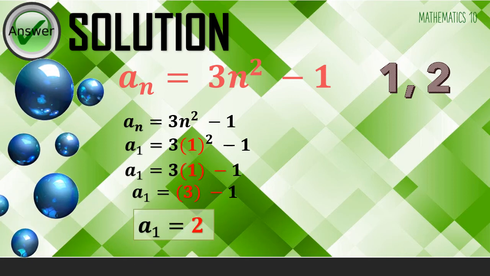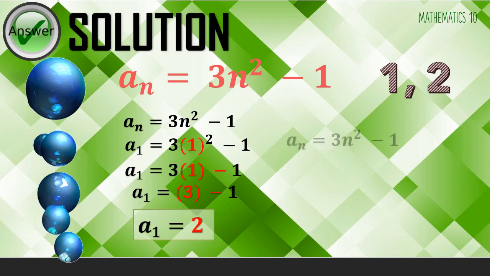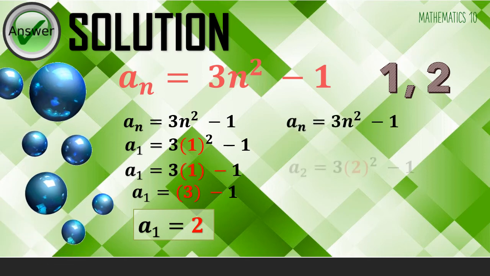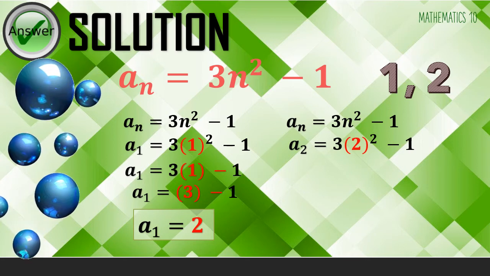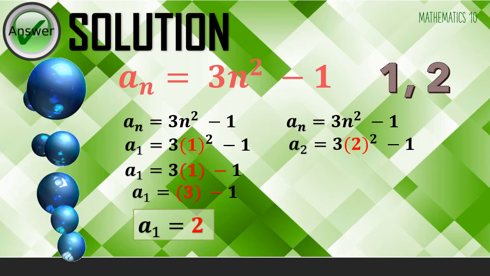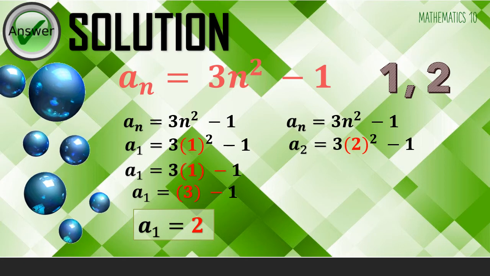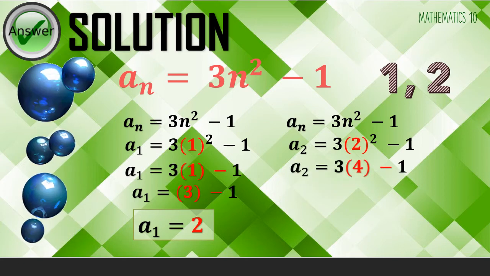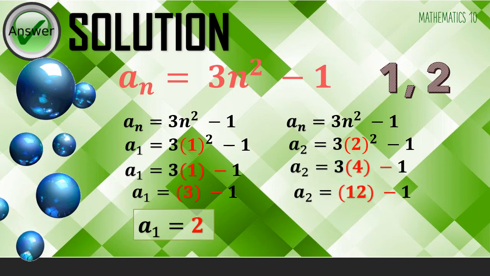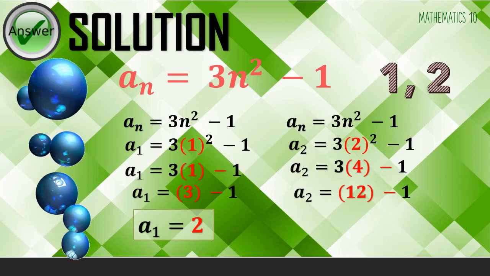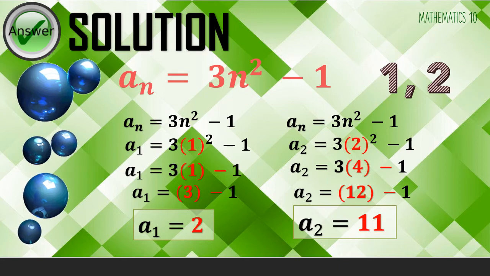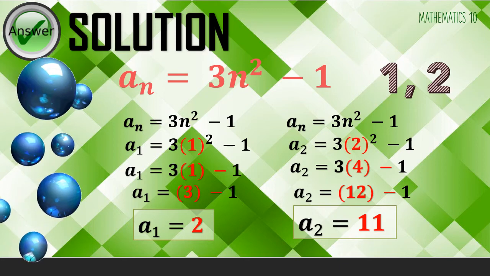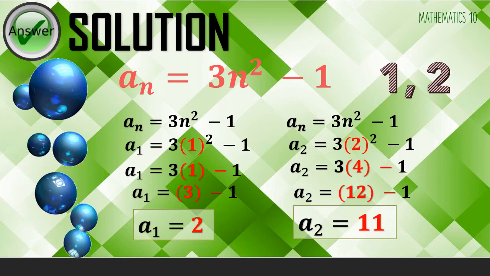So a sub 1 equals 2. And for n equals 2, substituting, we'll have a sub 2 equals 3 times 2 squared minus 1. So we'll have 3 times 4 minus 1. So 3 times 4 is 12. Then 12 minus 1 equals 11. So our first answers are 2 and 11.